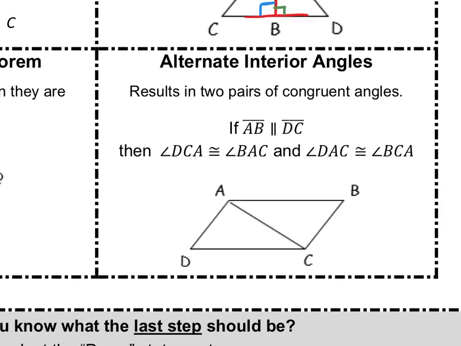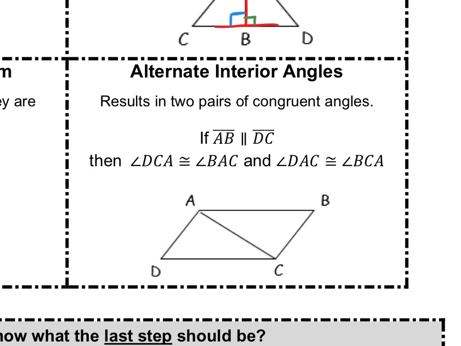The last piece of hidden information is about our alternate interior angles. Now this is from our super colorful document when it came to parallel lines. If AB is parallel to DC, so we have the parallel markings on them, then we have two pairs of congruent angles.